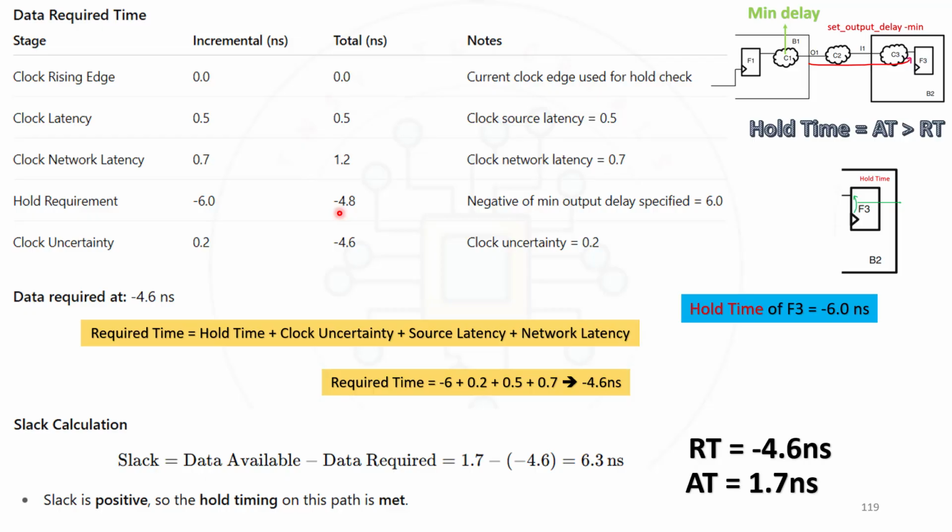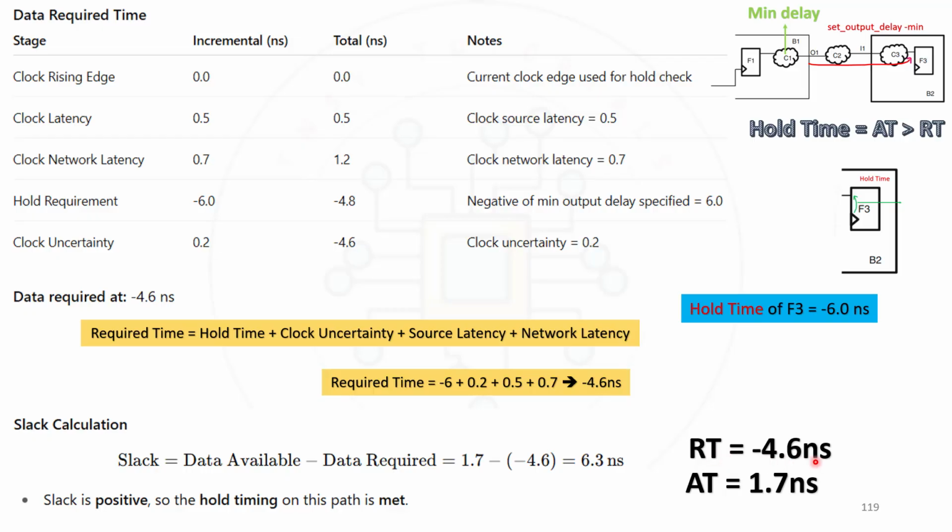So minus 4.8 plus 0.2, the output will be minus 4.6. So data is required at minus 4.6 nanosecond. If you want to calculate it by means of formula, it is hold time plus clock uncertainty plus source latency plus network latency. We know source latency is 0.5, network latency is 0.7, uncertainty is 0.2, and hold time is minus 6.0. If you substitute all this, you will get the answer as minus 4.6 nanosecond.